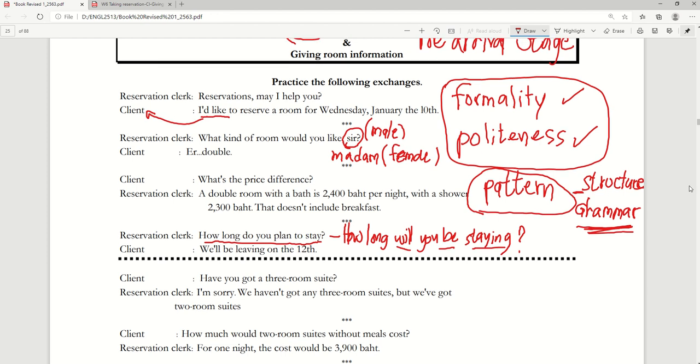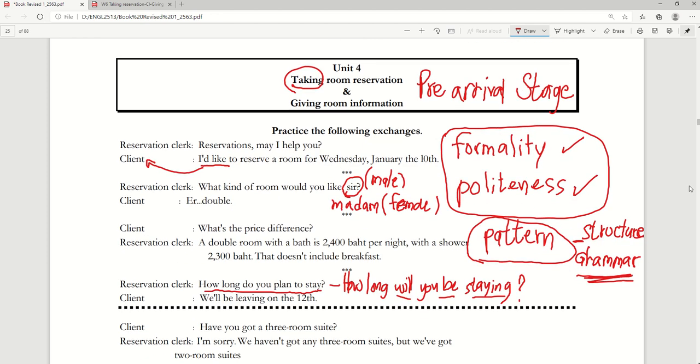Okay, so three keywords: formality and politeness, patterns, and then structures. Three things for using English in the hospitality industry context.